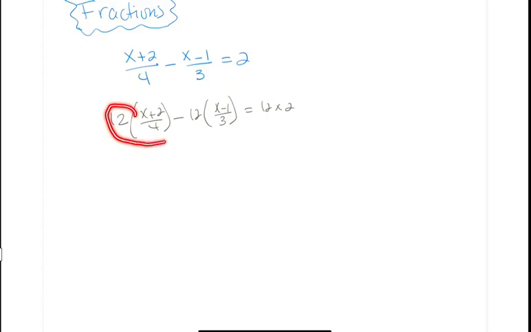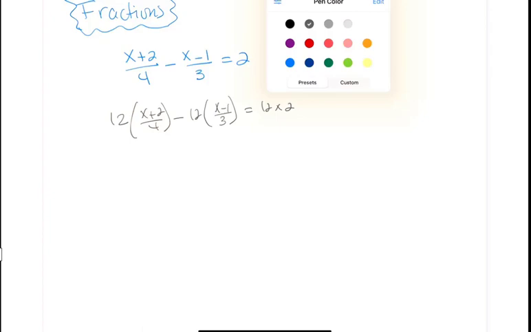Now when I look at my little fraction right here, that 12 over 4, what's 12 over 4? 3, right? So this is going to cancel to be 3.